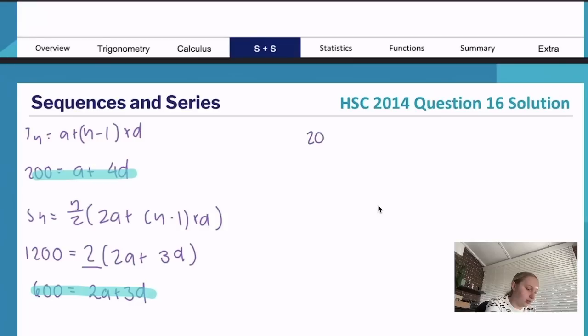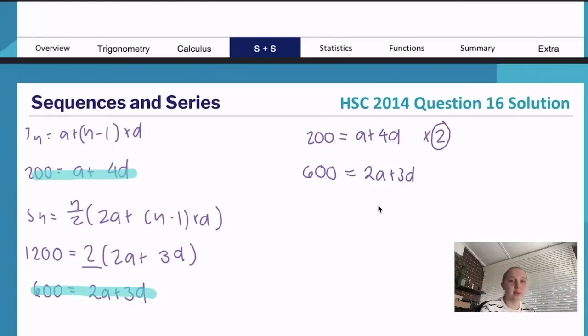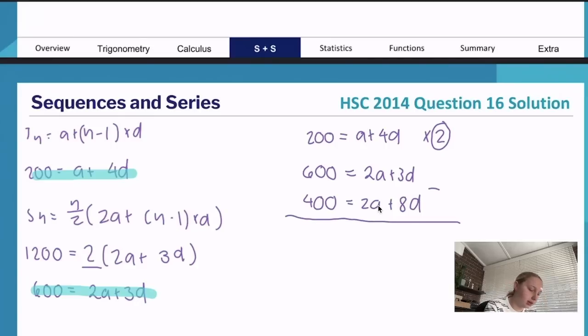If we've got 200 equals a plus 4d, and 600 equals 2a plus 3d, if we multiply the first one by 2, we get 2a, which will help us eliminate a as one of the variables. So we'd get 400 equals 2a plus 8d. Then if we subtract these from one another, we can get rid of a as a variable.